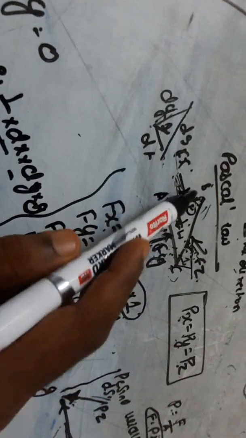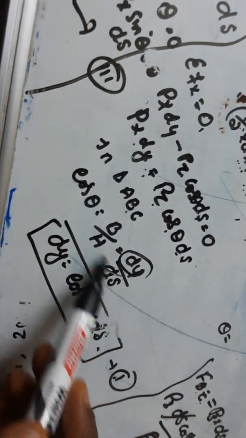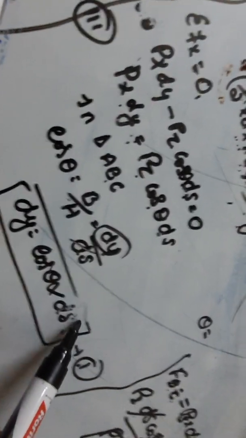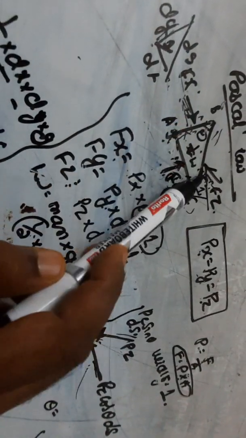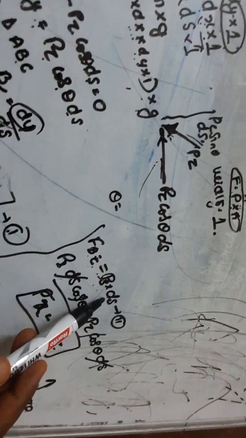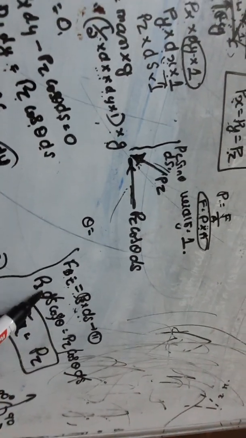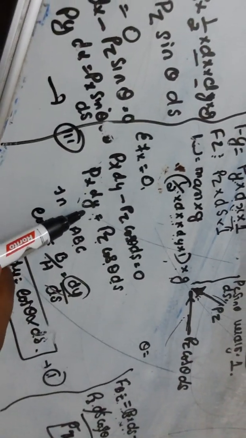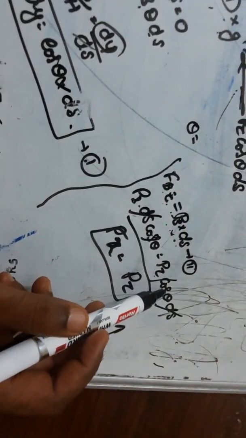In triangle ABC, cos theta is base by hypotenuse. Base is dy, the vertical, and hypotenuse is ds. So dy is cos theta into ds, and this BC, the vertical direction, is Pz into ds. So Px dy is cos theta ds, equal to Pz into cos theta ds.